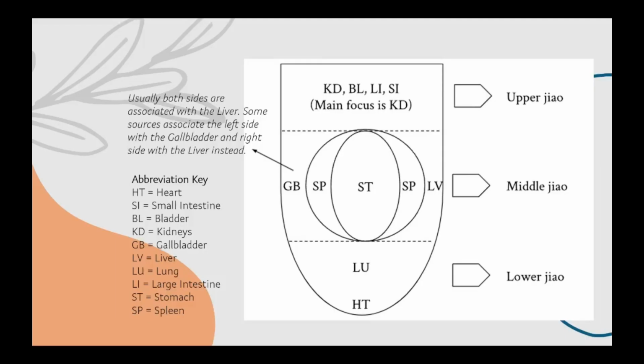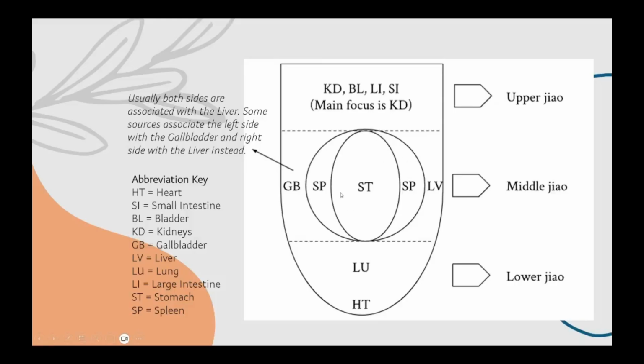Typically, I just think of the liver when I look at the sides of the tongue, but these two organs are brother and sister organs, so they work closely together, a yin and yang pair of organs. So typically we're considering the yin organs, which would be the liver, the spleen, the lung, the heart, and the kidneys. Those are the more vital organs, and again, I talk more about that in my pulse videos.